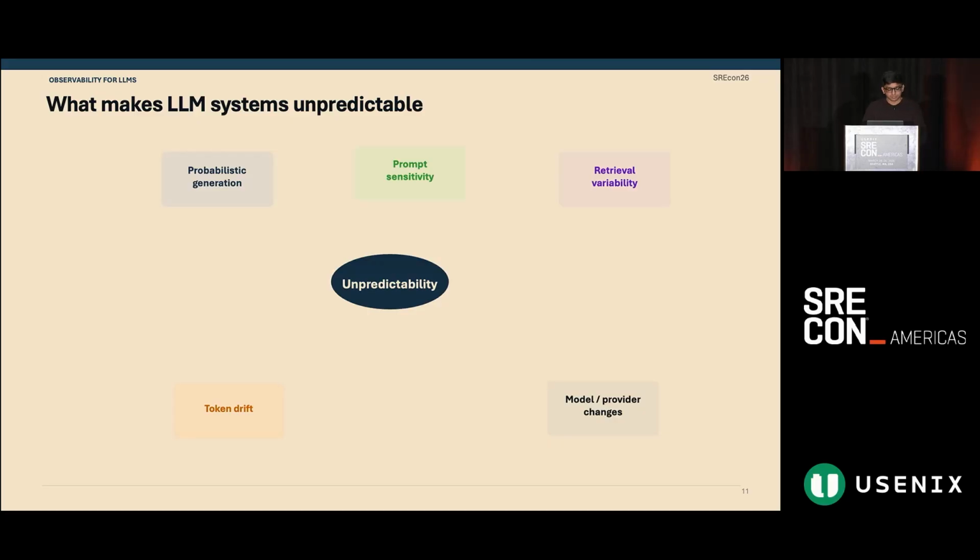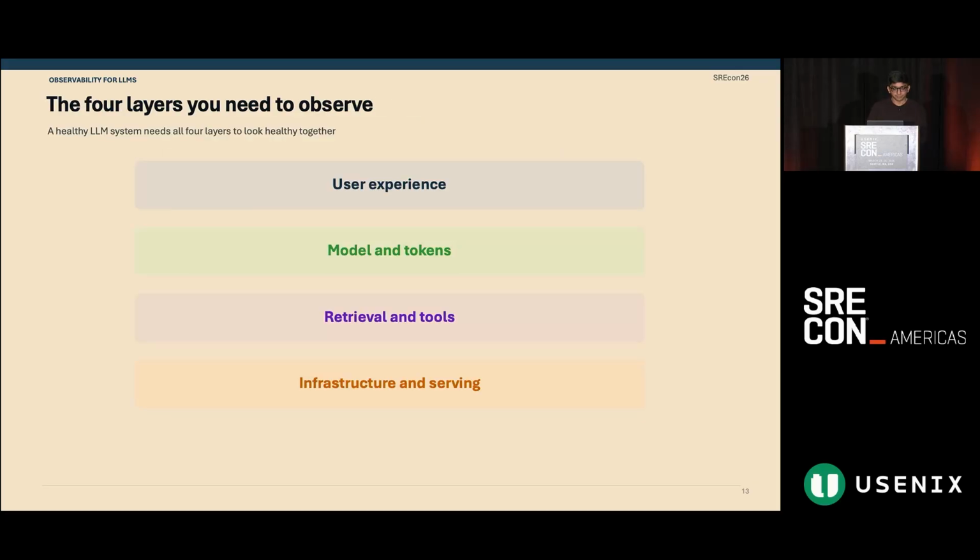Fourth, as conversations get longer, the context window increases, and this leads to higher memory usage and higher cache usage. That can also lead to increased risk of truncations, and that could lead to applications performing unpredictably. Lastly, underlying model or provider changes could lead to unpredictable outputs.